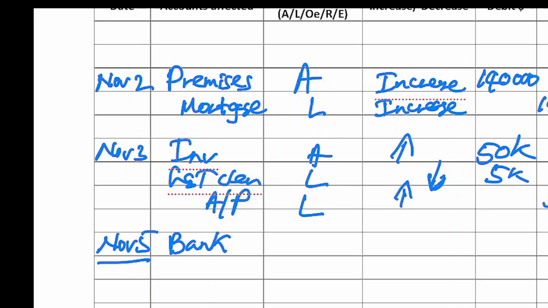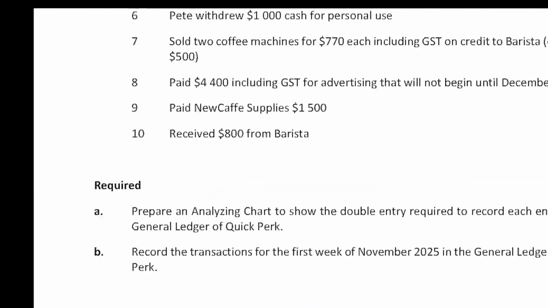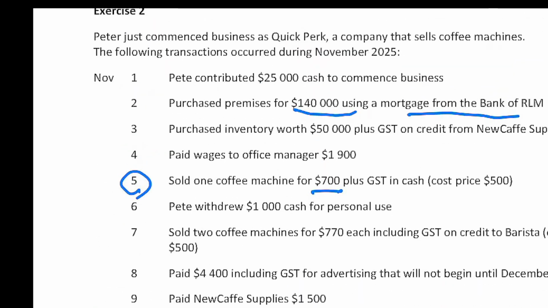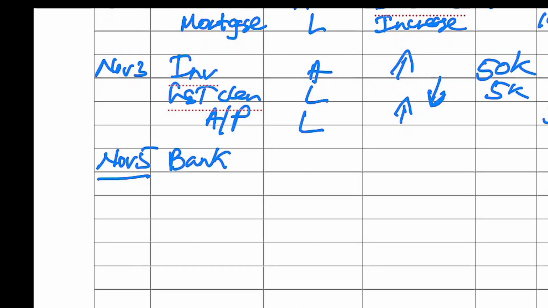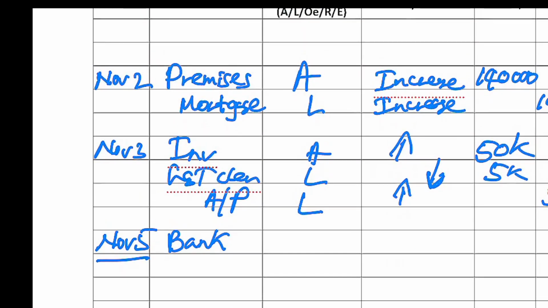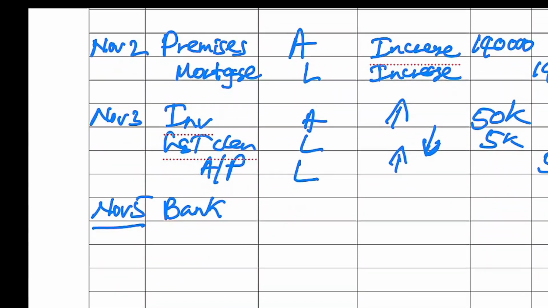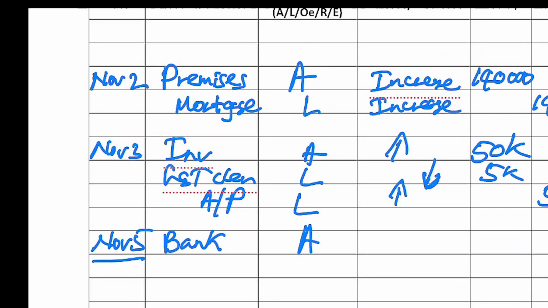How many are we selling? One coffee machine. Bank, asset. Increase or decrease? Increase. How much? 700.